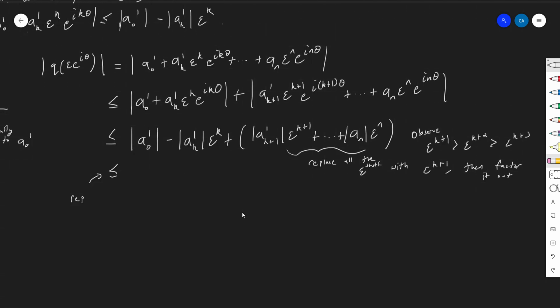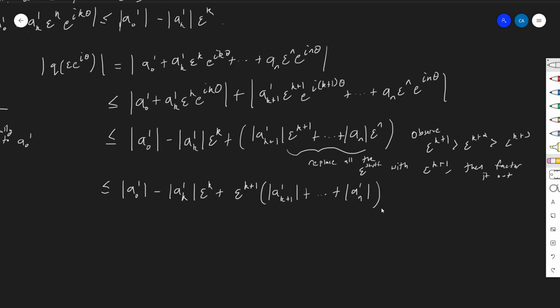So that's what I'm going to do in this next step. And so this is less than or equal to absolute value a sub 0 prime minus absolute value a sub k prime epsilon to the k plus epsilon to the k plus 1 parentheses a sub k plus 1 prime plus dot dot dot plus a sub n prime.